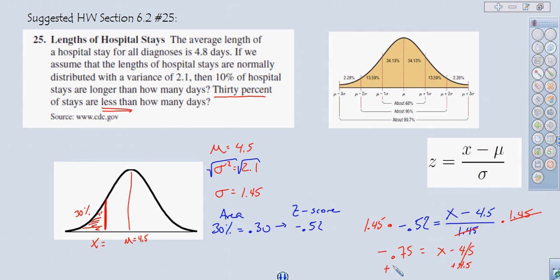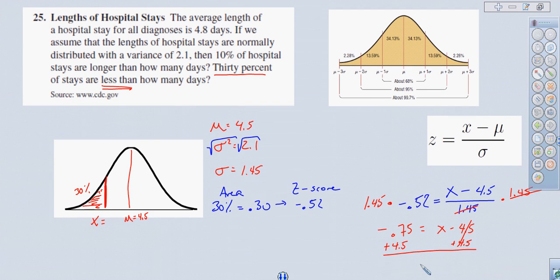Whatever I do to one side, I have to do to the other side. So I'm getting x is equal to 4.5 plus a negative 0.75, and I come out with 3.75, approximately, somewhere around there.